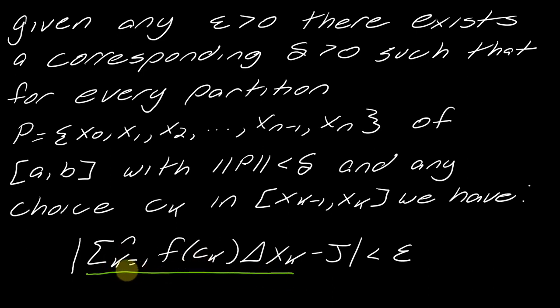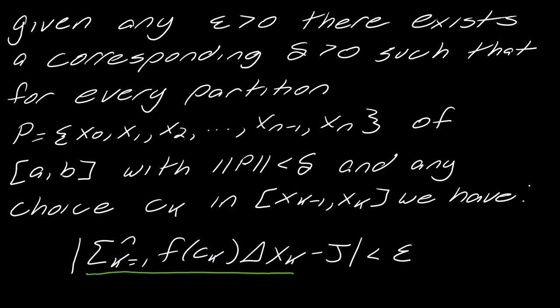Normally when we work with Riemann sums, we're way more algorithmic about it: we choose the same point every time and use the same width every time. But technically you don't have to do that. In an effort to make the most mathematically sound definition possible, we say you can choose any point you want in the subinterval, and your subintervals can be any width. That's covering the bases, so that's why this looks a little different.